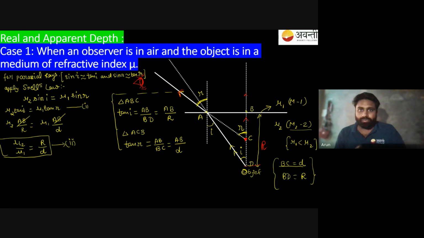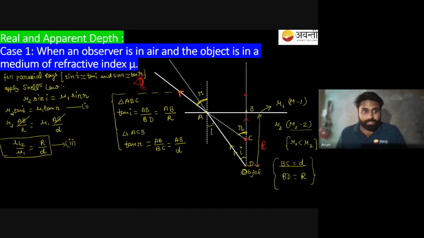The object can be any fish or any kind of stone inside the lake or pond, and you are observing it from outside. So you, the observer, are present in air, and that stone or object is present in the liquid, the medium of refractive index mu.